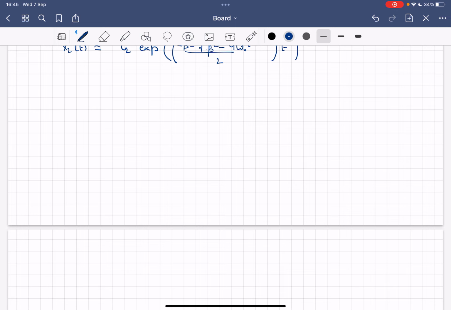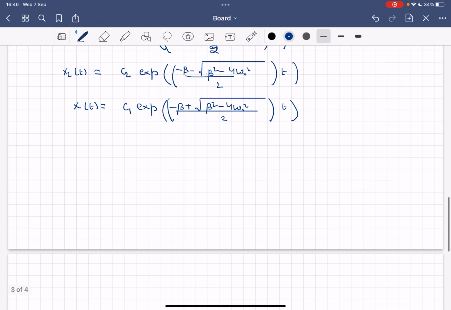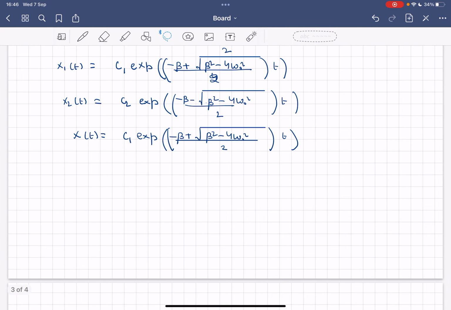So if I want a more generalized solution, x as a function of time would be given as c1 times the exponential of minus beta plus the square root of beta squared minus 4 omega naught squared, the whole thing divided by 2, times t. Let me move it somewhere a little bit.